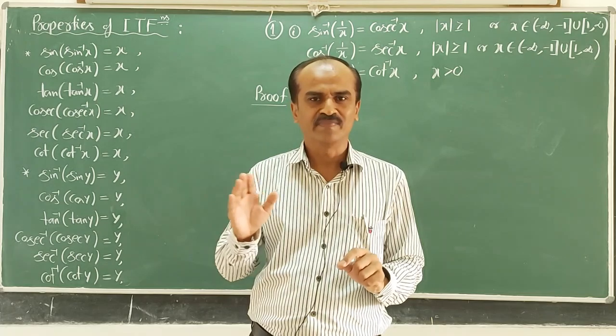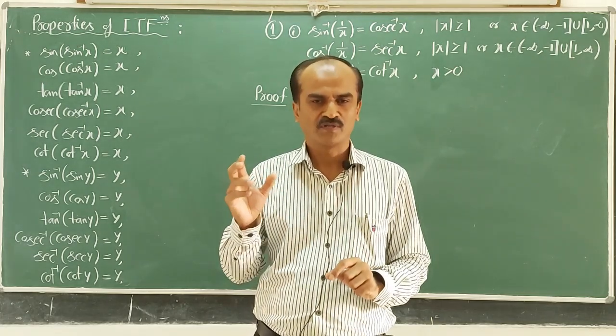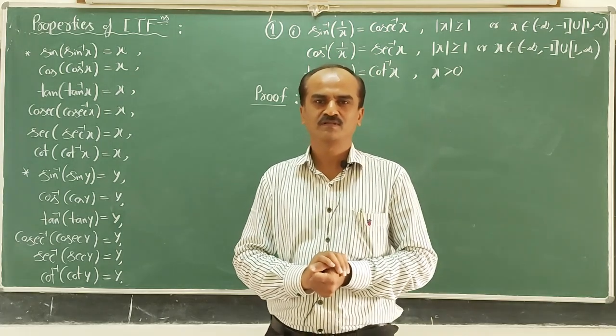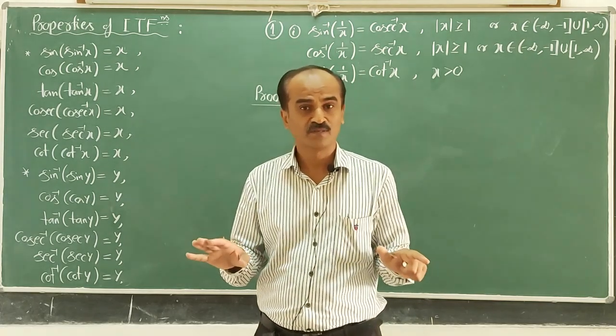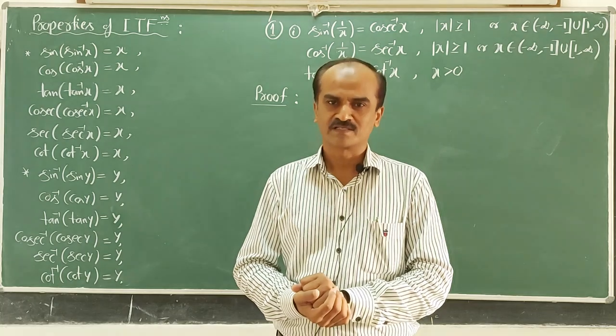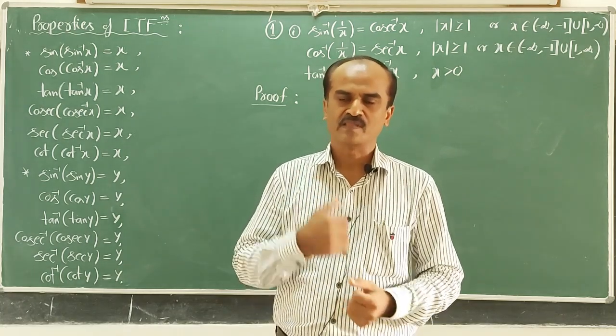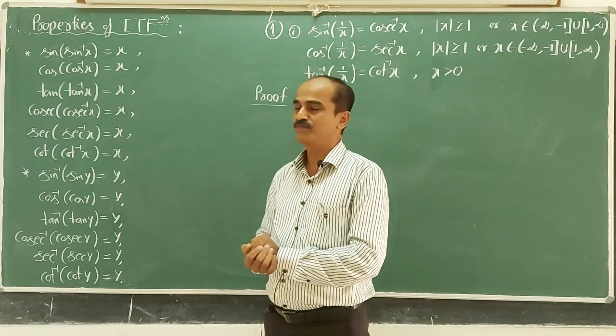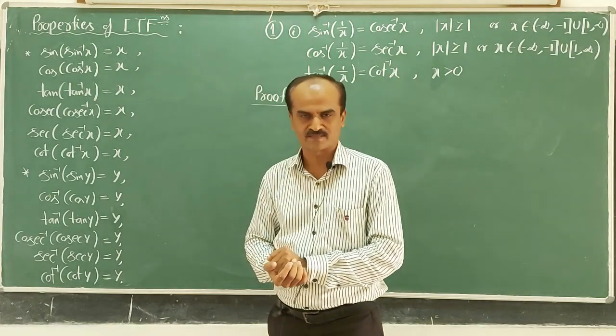That is, it makes us think about the domain and ranges. So, that is why even I solved that exercise without the help of properties of inverse trigonometric functions. Okay. Here, one of the properties is sine of sine inverse x equal to x.